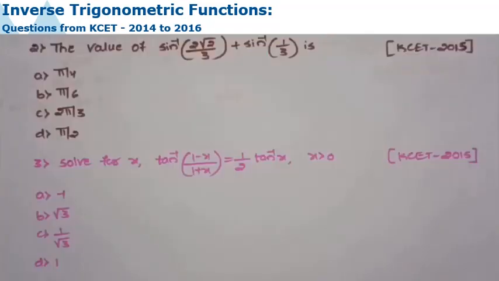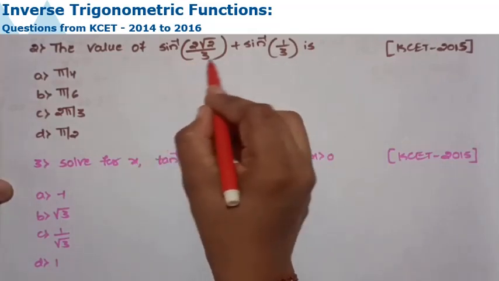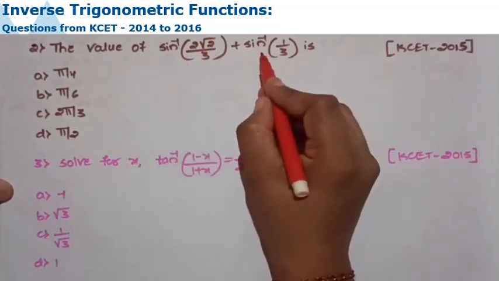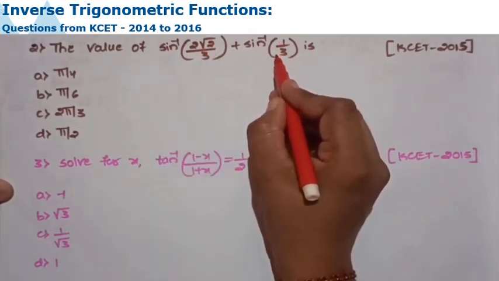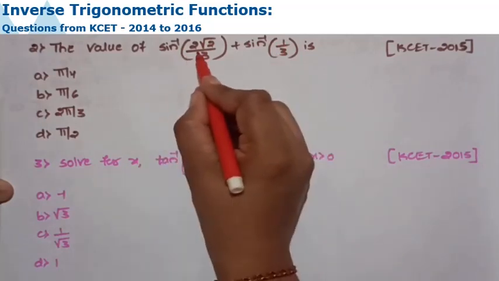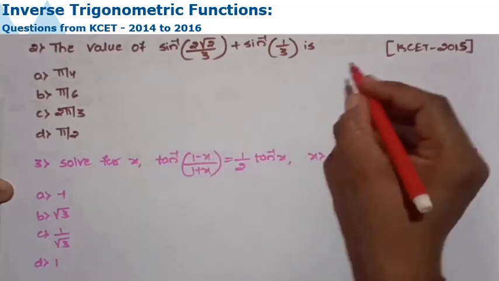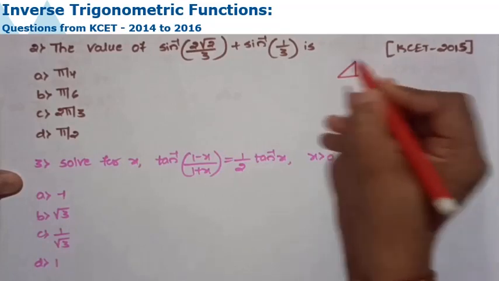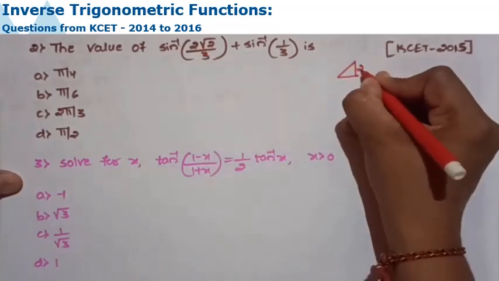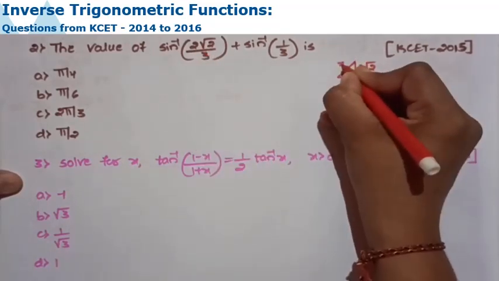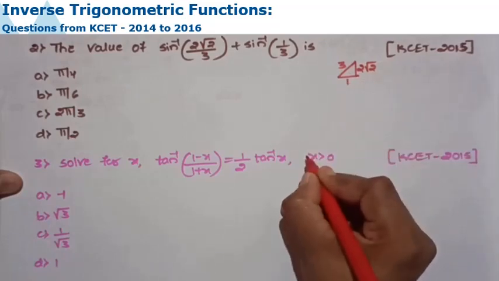Let me consider now the second question. The value of sine inverse 2 root 2 divided by 3 plus sine inverse 1 by 3 is. Here you need to convert sine inverse 2 root 2 divided by 3 to cos inverse. I am going to get a right angle triangle. Here 2 root 2 is the opposite side, 3 is the hypotenuse, therefore I am getting 1 as the adjacent side.